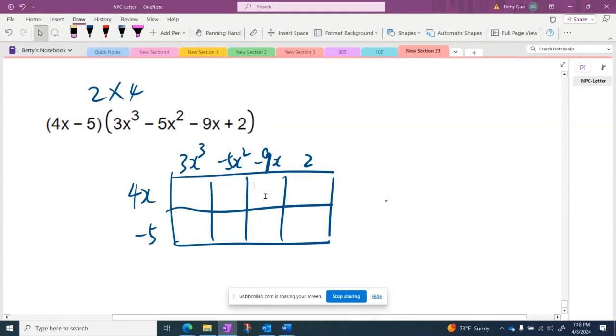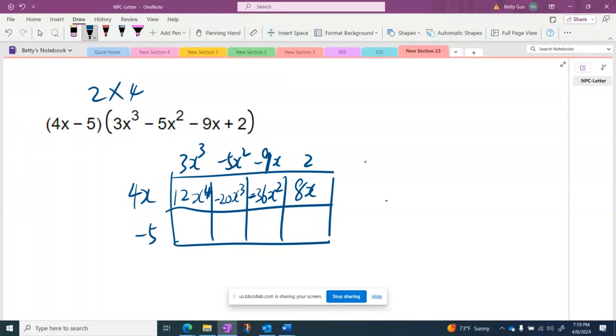3x cubed, negative 5x squared, negative 9x plus 2. Okay, so let's multiply. 3 times 4, 12. x cubed times x, x fourth. Row 1, column 1. Row 1, column 2. 4 times negative 5, negative 20. x times x squared, x cubed. 4x times negative 9x, negative 36x squared. 4x times 2, 8x.